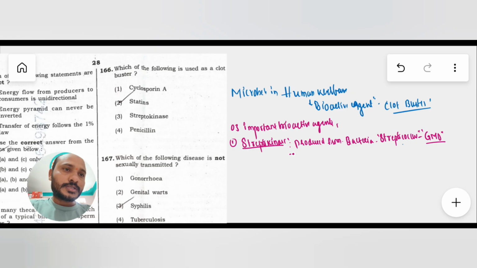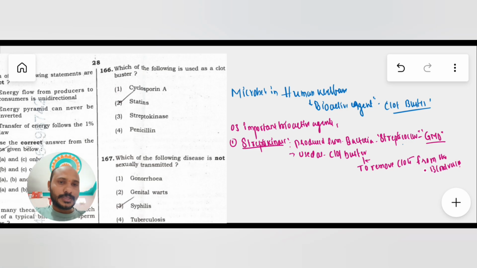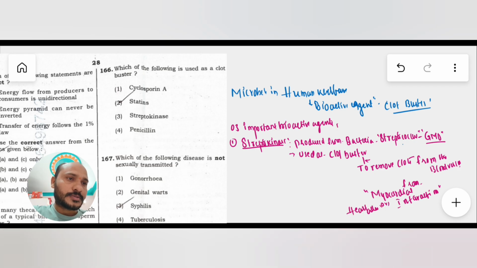And the importance of this streptokinase enzyme: it is used as a clot buster, very important. Clot buster means to remove clots from the blood vessels of patients, from patients who are suffering with myocardial infarction, or simply we can say heart attack persons.